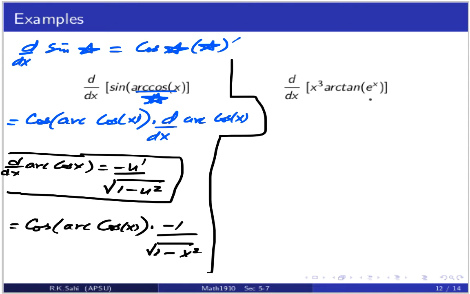Now, here the differential is a product of two functions, x cubed, then arc tangent. So we're going to take the product rule first.